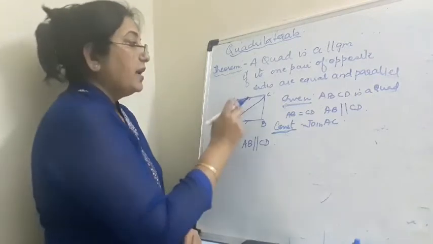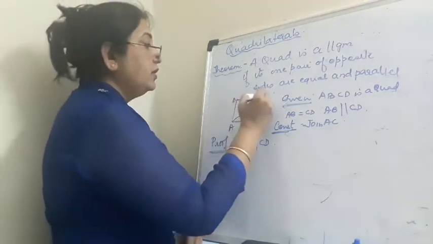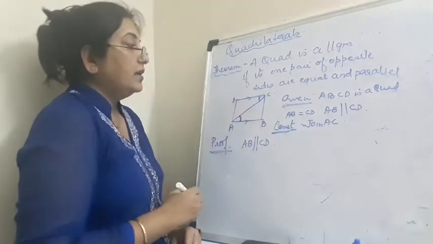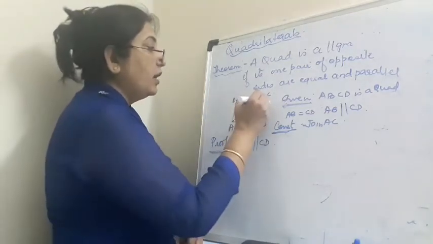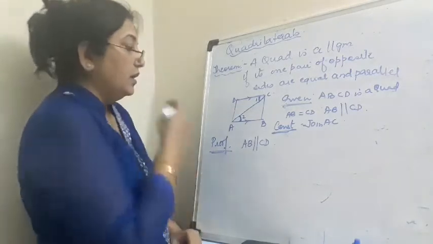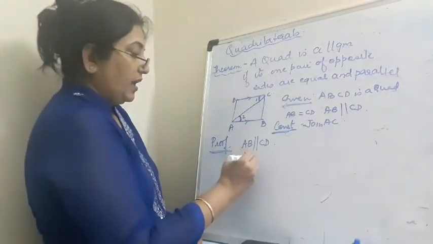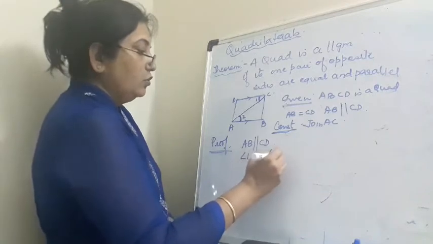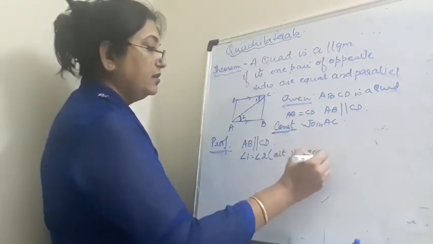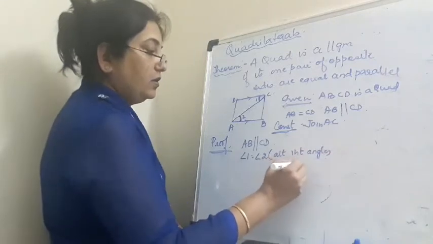Now when AB is parallel to CD, we know that this angle will be equal to this angle, and let us name them 1 and 2. I can write angle 1 is equal to angle 2. Which type of angles? Alternate interior angles are what? Equal.